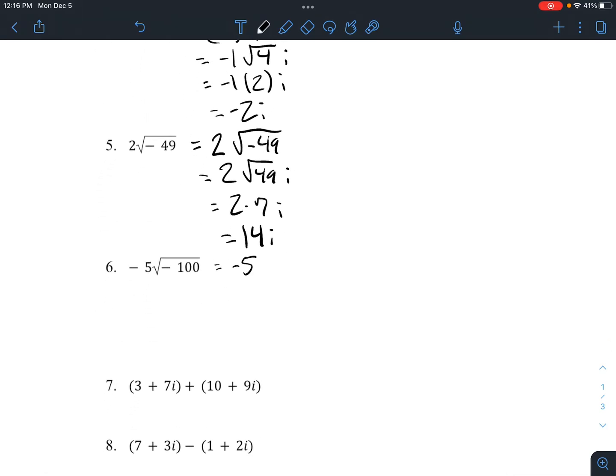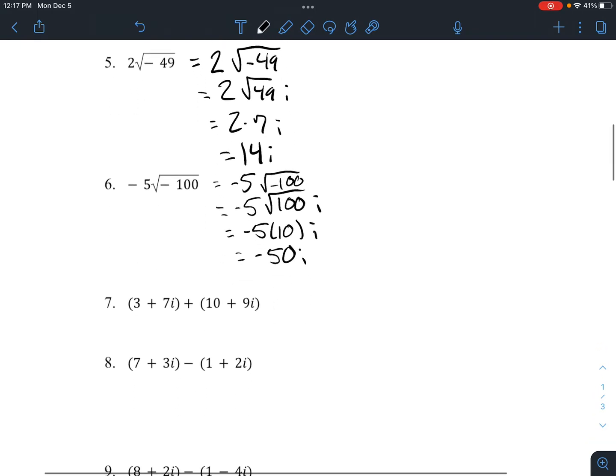So here we have -5, the square root of -100, -5, the square root of 100i, so -5 times 10 times i, and -50i. So, easy enough. Those types of questions are definitely going to appear tomorrow on our quiz.